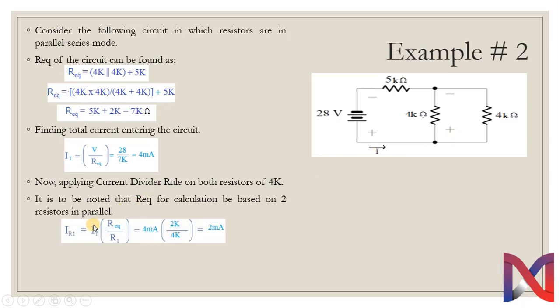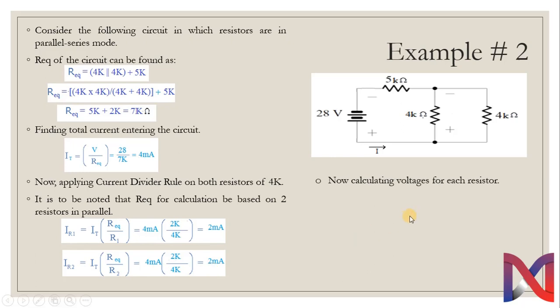Therefore, IR1 will be equal to IT multiplied by R equivalent divided by R1: 4 milliampere multiplied by 2 kilo ohms, its equivalent, divided by 4 kilo ohms. So we get 2 milliampere current across the 4 kilo ohm resistor or R3. Similarly, we can find our IR2 as IT multiplied by R equivalent divided by R2: 4 milliampere multiplied by 2 kilo ohm divided by 4 kilo ohm, we get 2 milliampere.